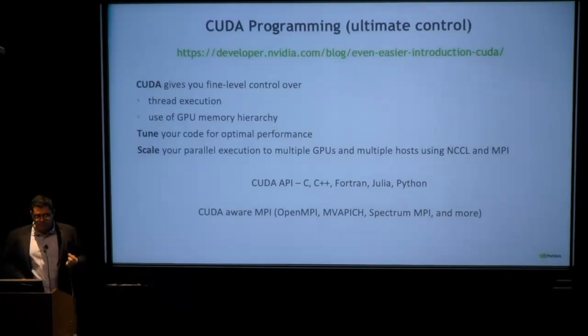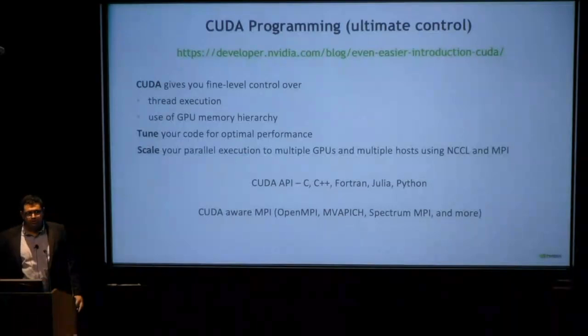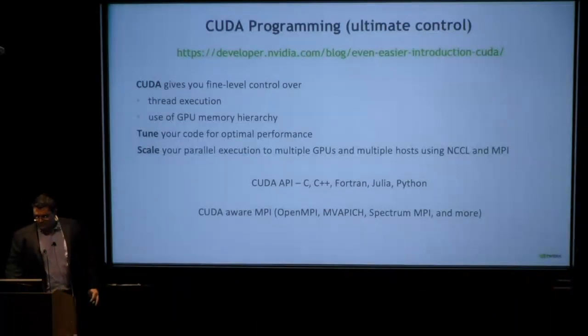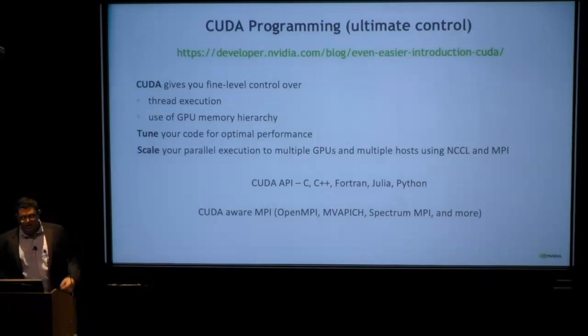It allows you fine level control over those. Of course, you could tune it to your particular level of performance and scale it across multiple GPUs using NCCL and MPI. So you as the programmer have control of how that data is moved to the GPU and back, how that shared memory and cache on the GPU is utilized, and how and where those threads are run.